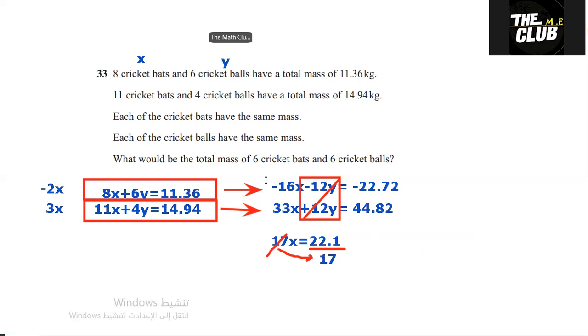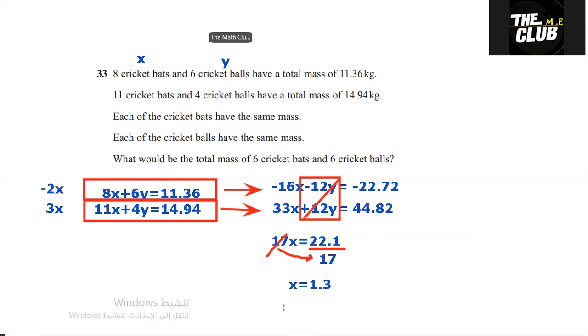It's going to be 1.3. So x equals 1.3. Now I found the mass of the cricket bat, which is the x.